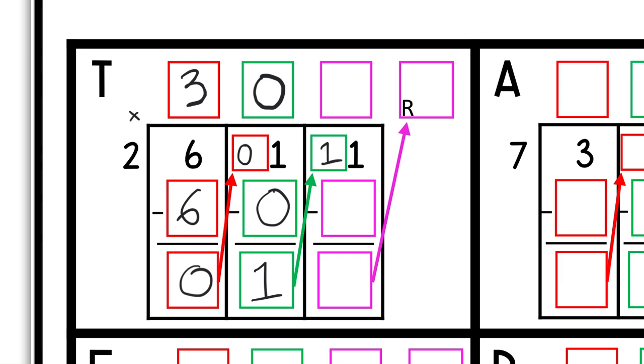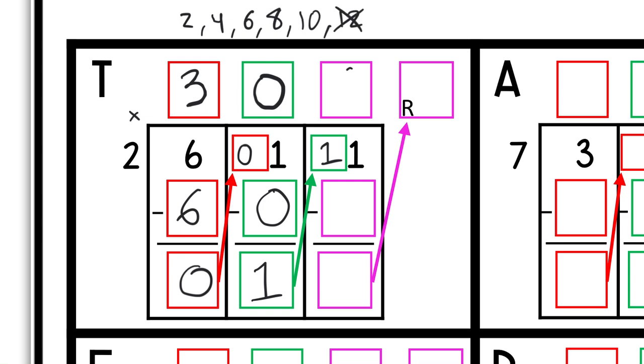Now it looks like I'm working with an 11 here. How many 2s fit in 11? Well, 1 2 is 2. 2 2s is 4. 3 2s is 6. 4 2s is 8. 5 2s is 10. 6 2s is 12, so that's too big.